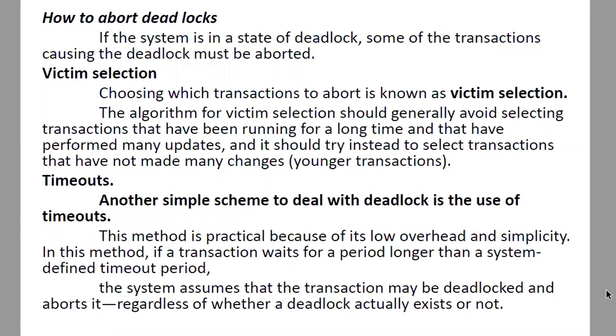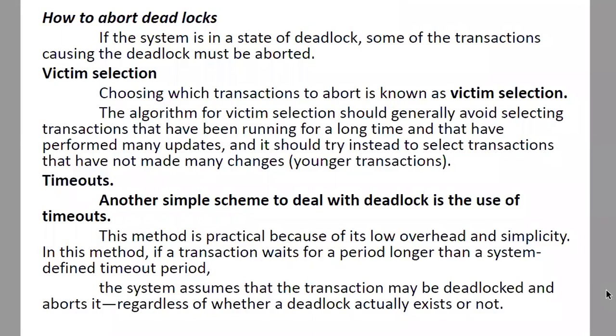Here the first method is victim selection. Based on certain conditions, you choose a particular transaction to abort. The algorithm for victim selection should generally avoid selecting transactions that have been running for a long time and that have performed many updates. Whenever the victim is selected, you can consider one particular parameter called timing.